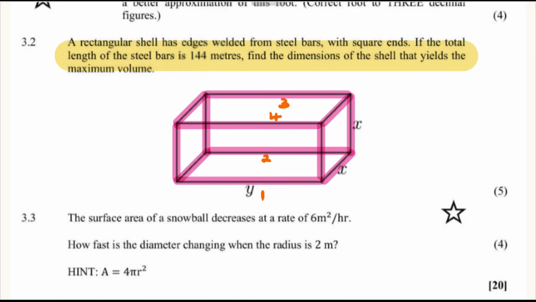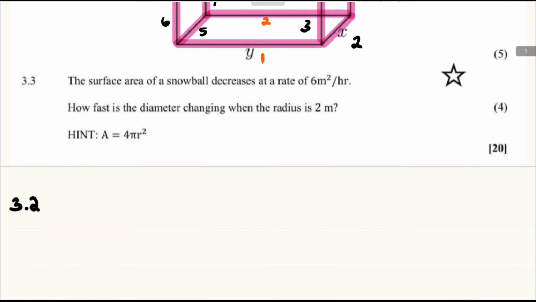What about the X's? We have X length number 1, 2, 3, 4 on the right, and on the left 5, 6, 7, and 8. So we have 8 X's and 4 Y's.